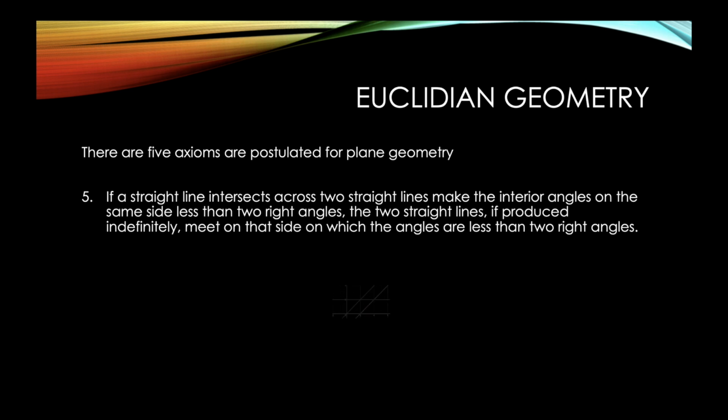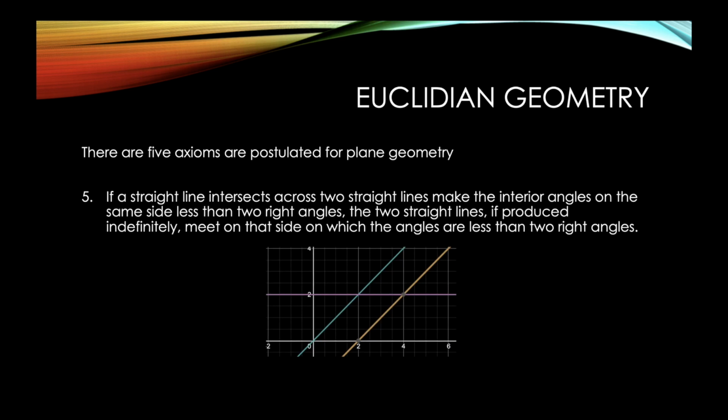Here we plot again the horizontal line of y equals 2 against 2 diagonal lines. For simplicity, we have simply chosen y equals x and y equals x minus 2. Okay, now notice that when that horizontal line intersects those 2 diagonal lines, on the same side you have created 2 obtuse angles and 2 acute angles.